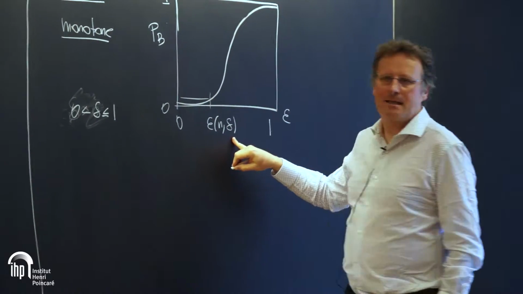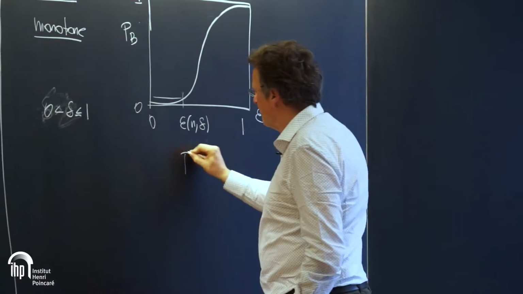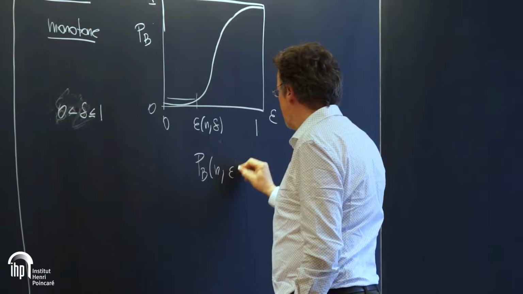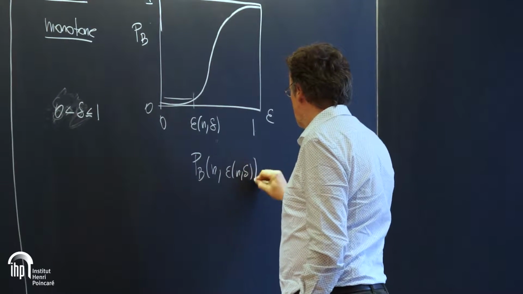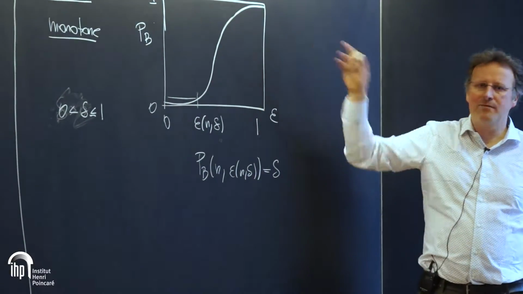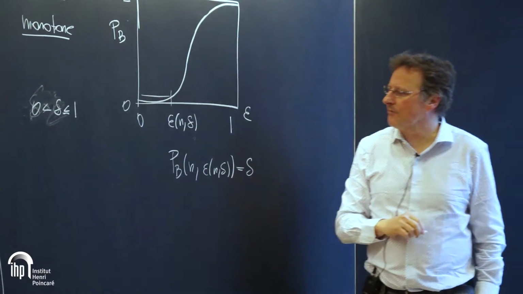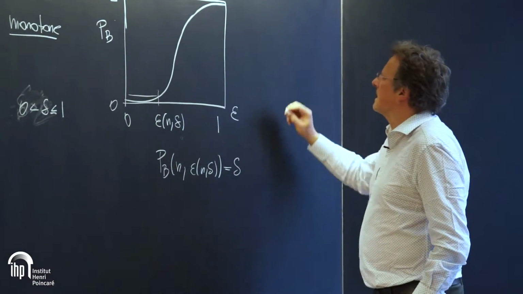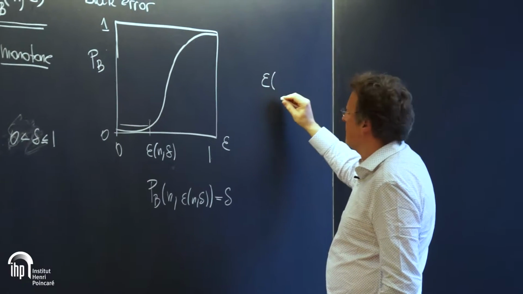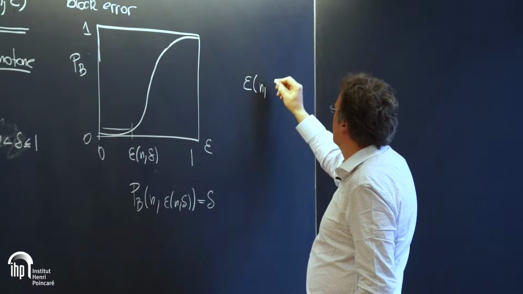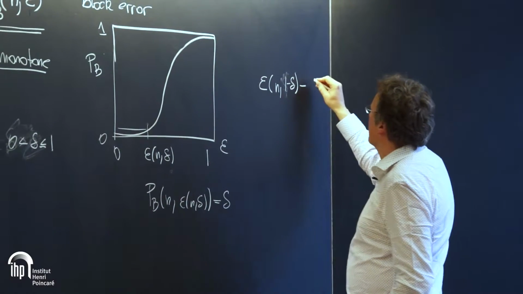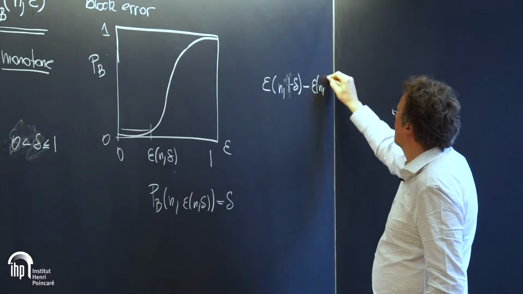This is exactly that epsilon such that the block error probability for n and that epsilon is delta. I can do this for every delta.